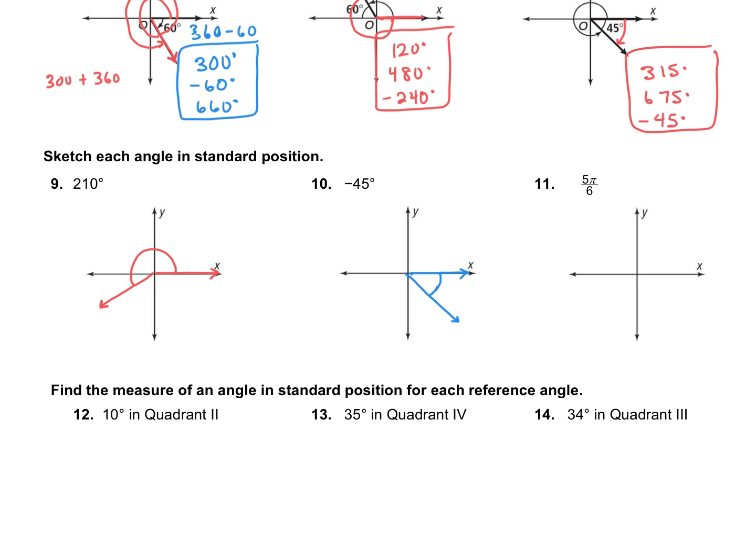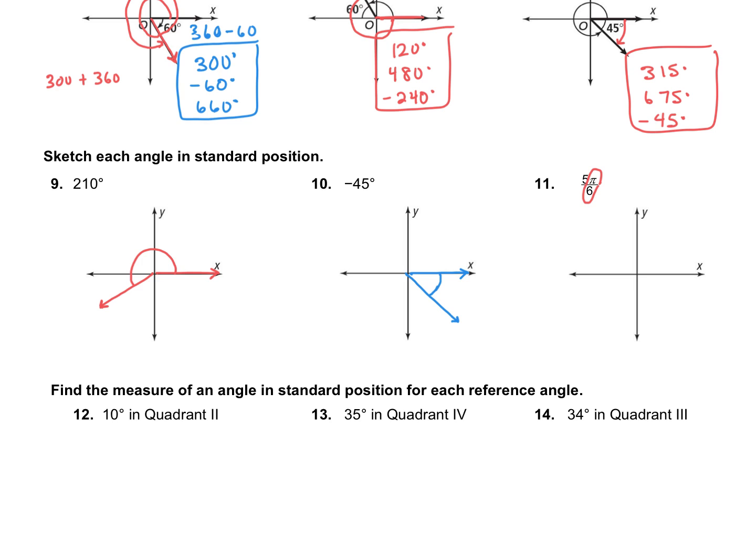And then number 11 is in radians. So we have to sketch this out in radians. So what we do is we see that the angle is 5 pi over 6. We're actually going to ignore the 5 for a second and just look at the pi over 6.